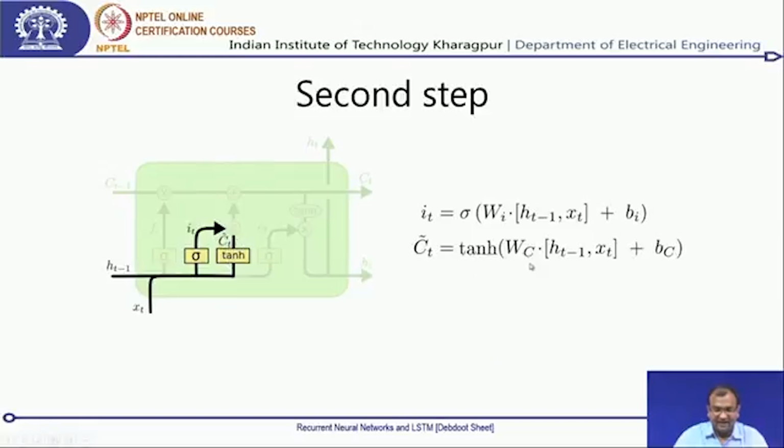Now, these c hat t and i t are quite interesting, because they help me figure out the mechanism of whether this is important information or non-important information. If you look at these two transformations, one has a sigmoid nonlinearity, which means it is going to pull the information between 0 and 1. Okay. Tan hyperbolic on the other end is going to pull the information from minus 1 to plus 1. Okay.